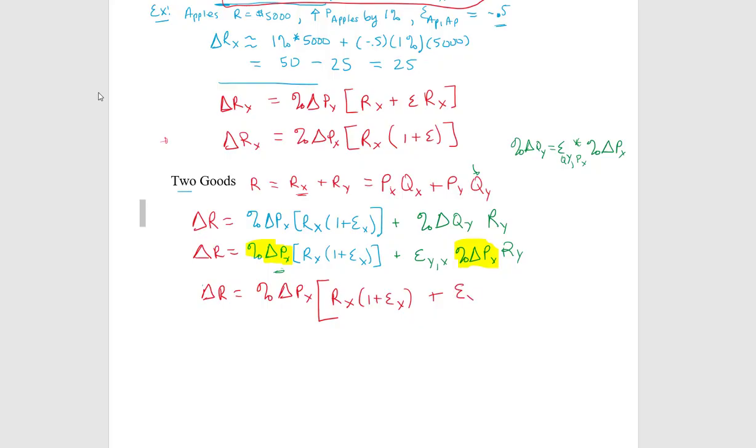I have the elasticity of the quantity of Y with respect to the price of X times the revenue of Y. That's how they got to that formula in the book.